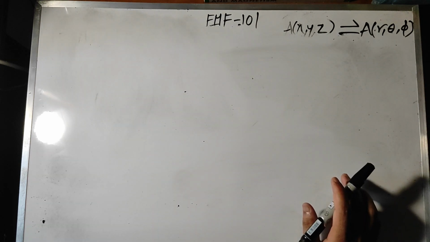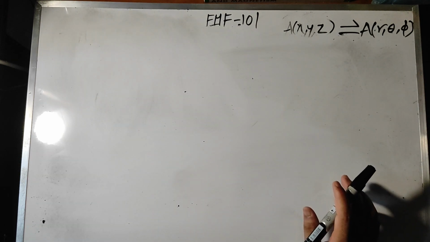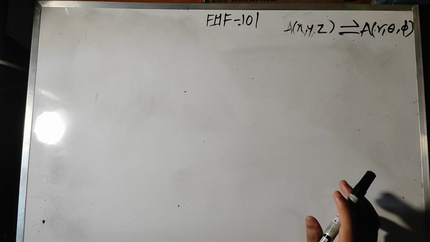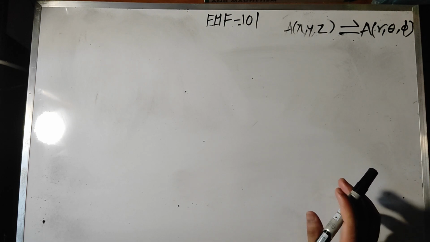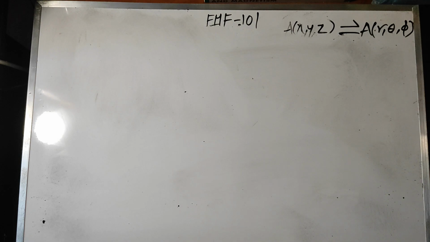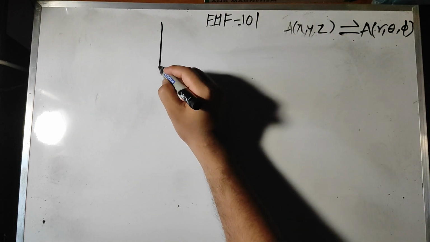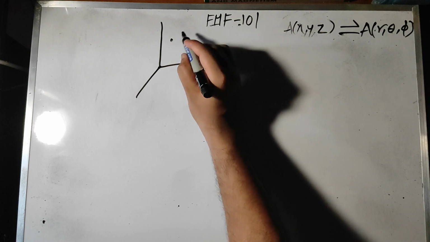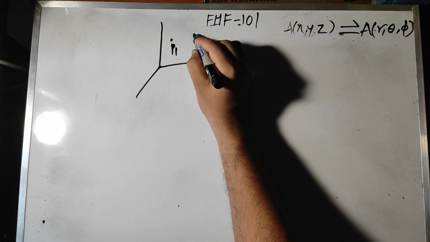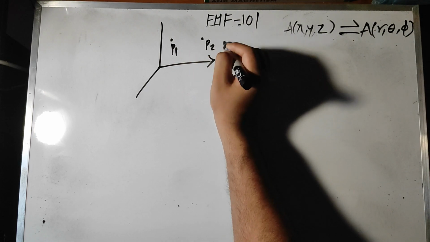We are going to know about another topic, which is the distance between two points in a vector. So say this is P1 and this is P2.